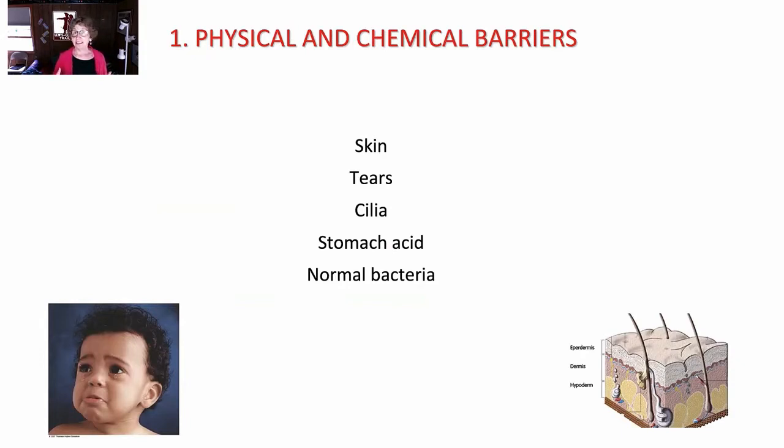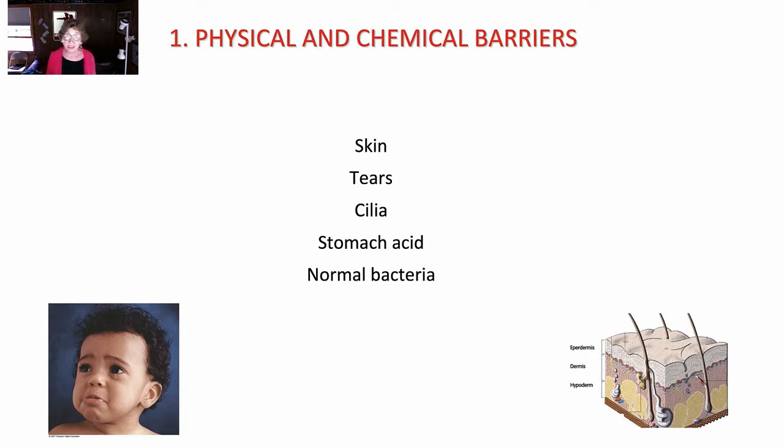These include our skin. Your skin is your largest organ that protects you against infection. Tears wash away something that might get into your eyes. Cilia are tiny hairs that line your nose and your throat. We have the acid in our stomach, the pH of which is similar to battery acid, so that if you swallow something, hopefully the acid in your stomach will kill it before it has a chance to harm you.